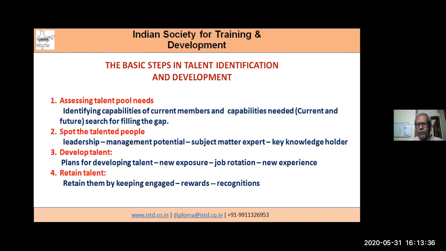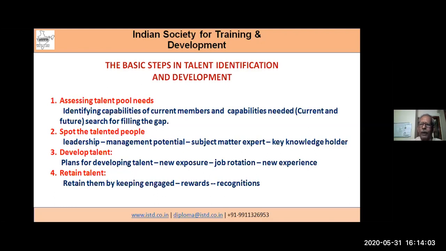There are some people who may have certain key knowledge, specific knowledge, specific skill. So look for those things: the leadership qualities, the management potential, subject matter, or key knowledge. We'll look for those qualities in the talented people, whether in the organization or on the outside, in both the places.